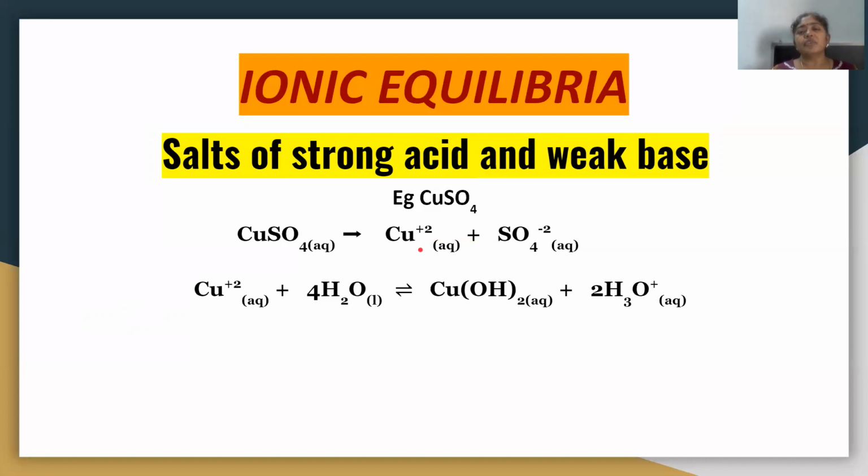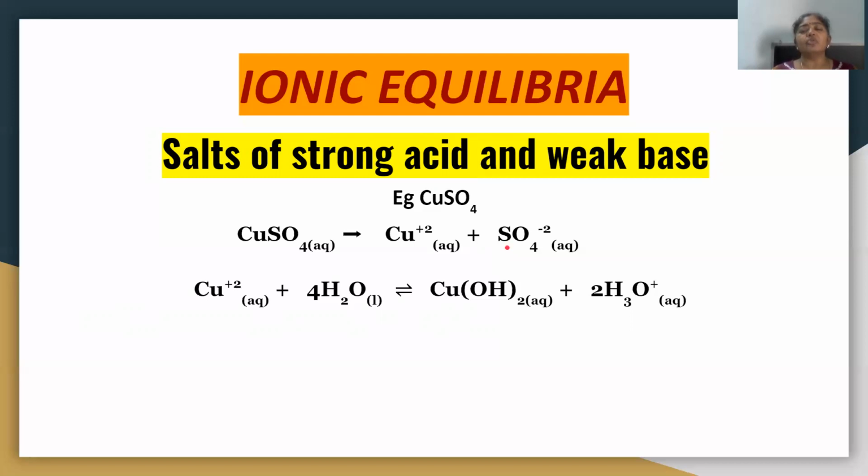So if the Cu+2 combines with the OH minus, it will result in formation of copper hydroxide, that is Cu(OH)2. And the sulfate ions will react with the positive ions, that is the H plus. So when the sulfate ions react with H plus, it will result in formation of H2SO4, that is sulfuric acid. And remember, sulfuric acid is a strong acid.